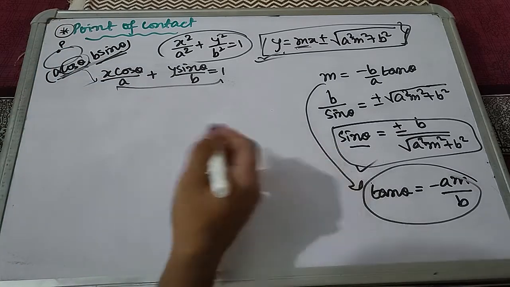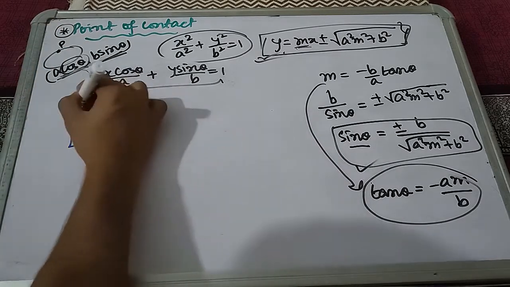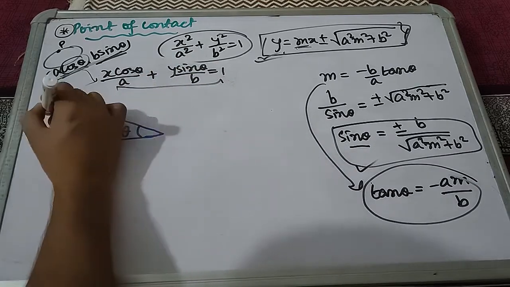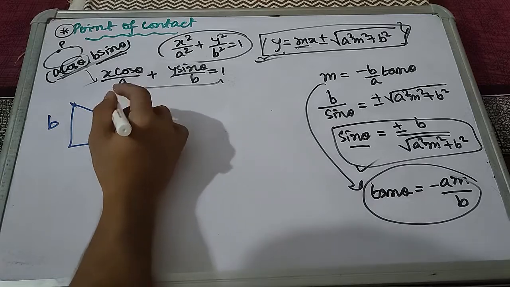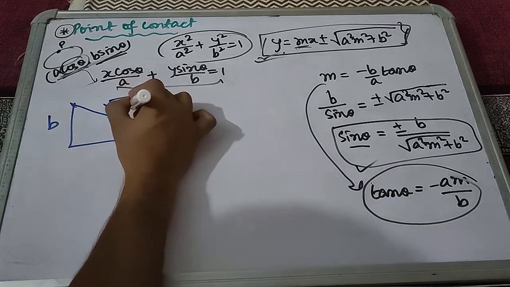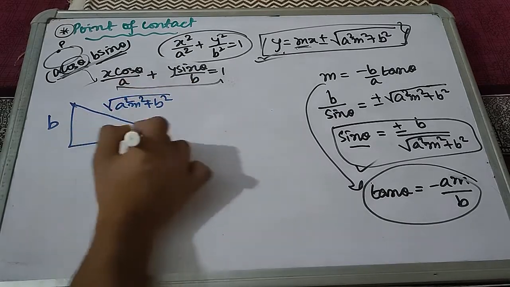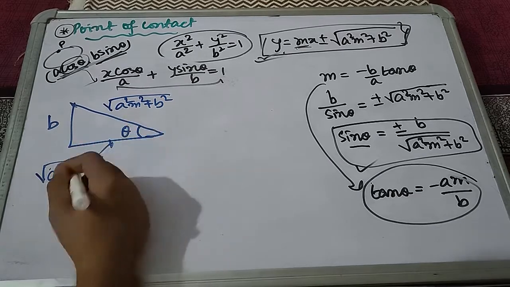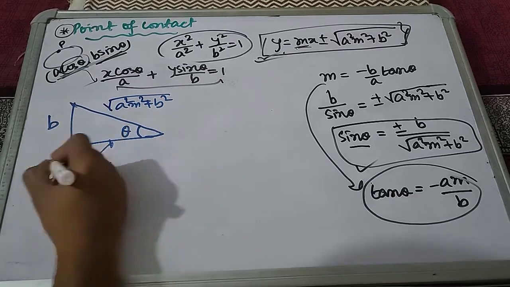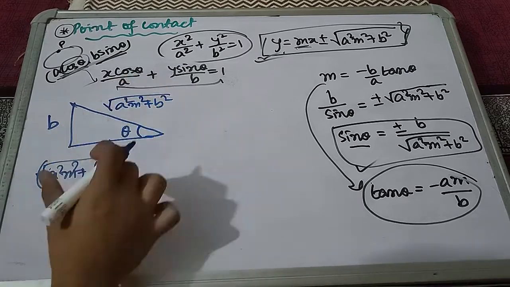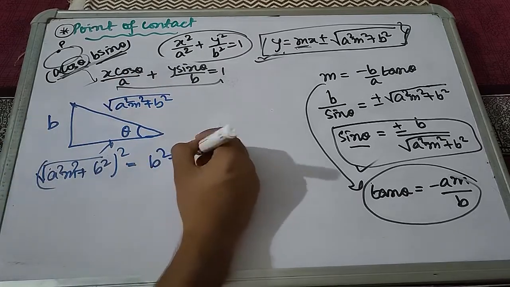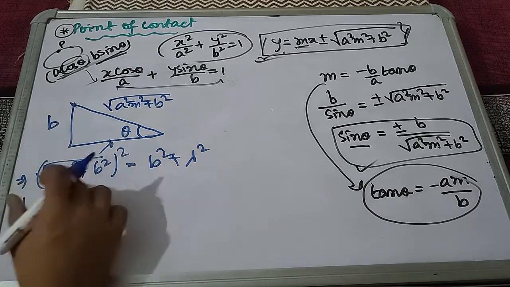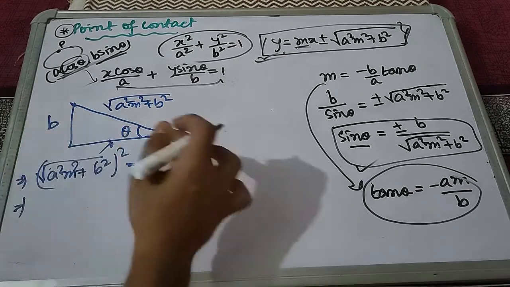How do we do that? Sin theta equals that. If you have the sin theta, I think you can derive what is cos theta. Sin theta is this. Therefore let us take this as b, and this is under root a square m square plus b square. So what is this side? Suppose this is lambda, then using Pythagoras theorem, hypotenuse square equals perpendicular square plus base square.